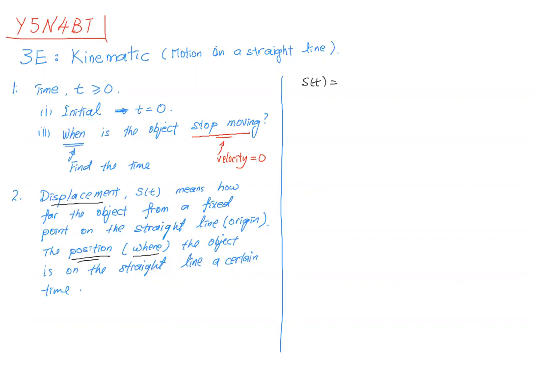Yes, Miss. S(t) = 3t cubed + 3t squared - 36t + 18, and the unit is in cm. Okay, so this is called the position function.